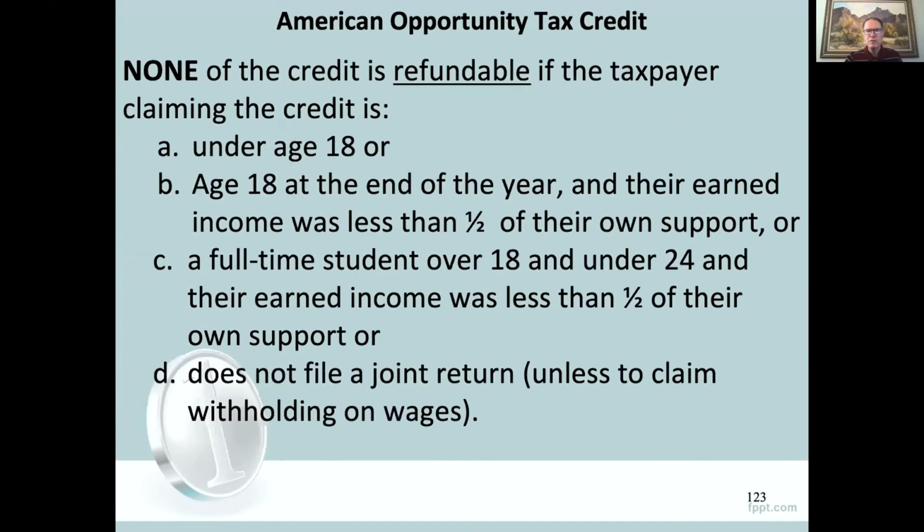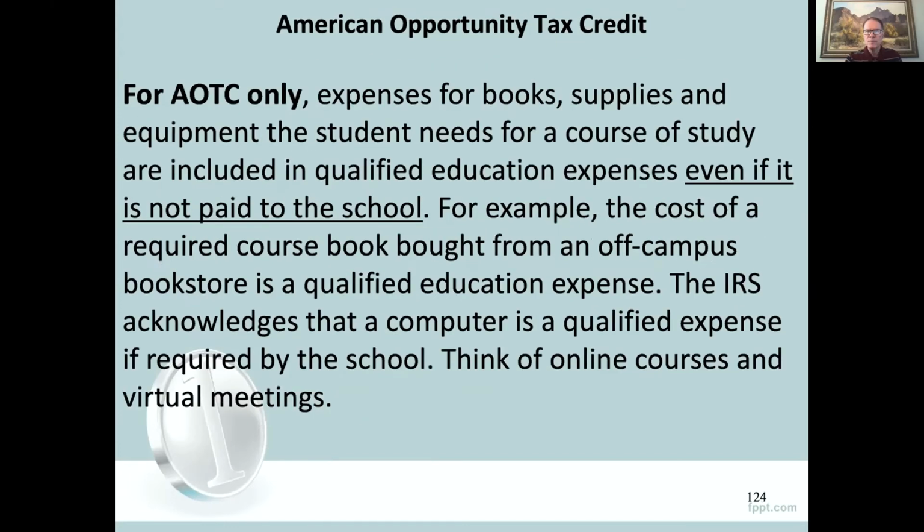And to me, frankly, I don't really worry about that because the information I enter into the software when I talk about the dependency and the age of the dependents back at the very beginning of the software, when I get to the education credits, I just enter the tuition statements, the software does the calculations and applies the rules.